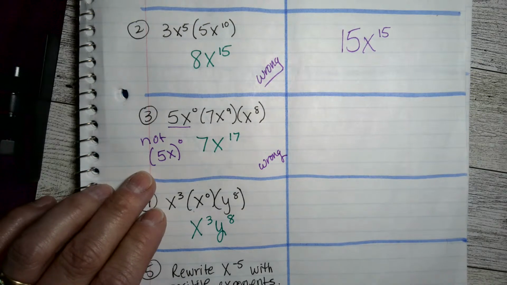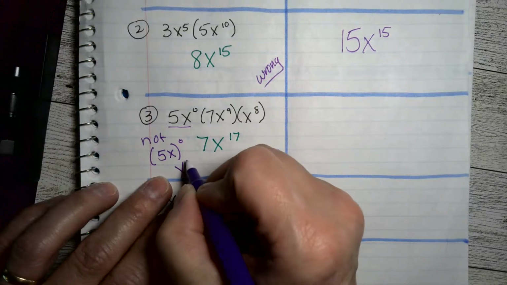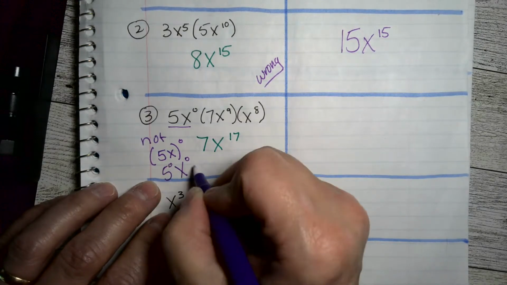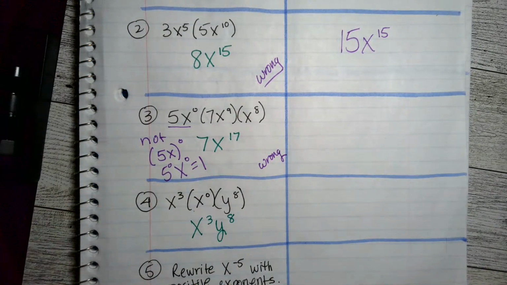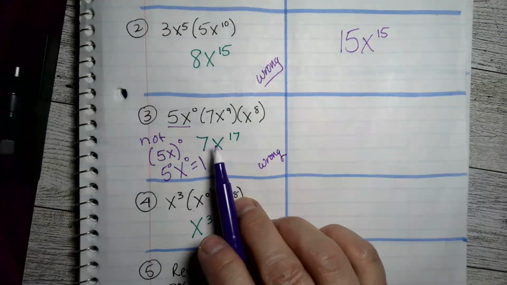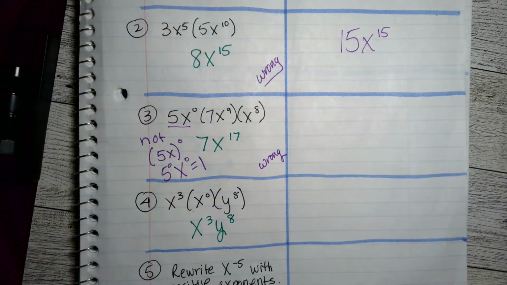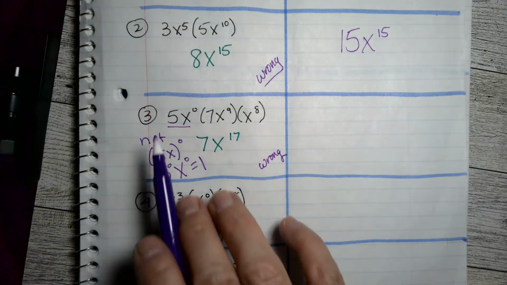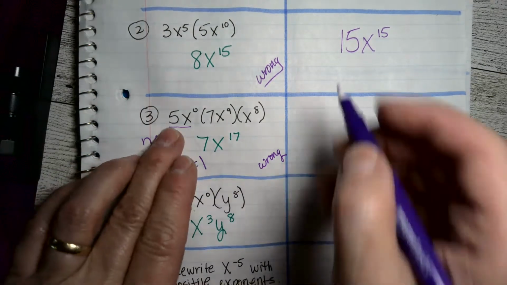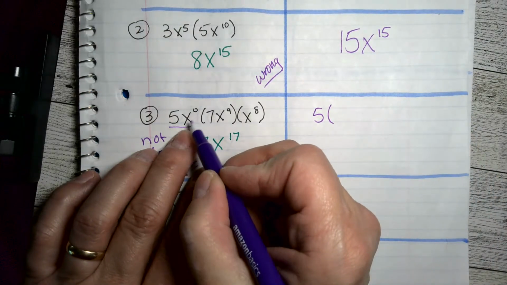And the reason that's important is because we know that anything raised to the 0 exponent is going to equal 1. So this is 1 times 1. And I think that's what she did here. That's the only explanation I have for the 5 just disappearing. So what really is going on here is you have a 5, and then you have x to the 0 power by itself.